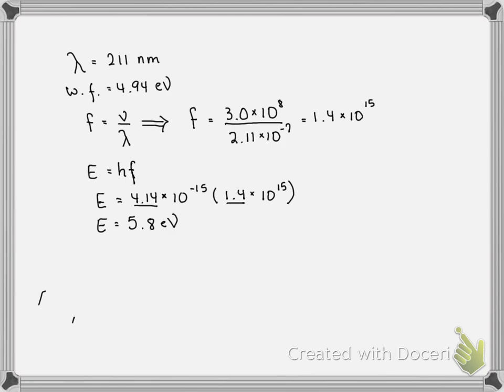So 5.8 minus 4.94 is going to be the maximum kinetic energy of the electrons that are emitted from the metal. So we'll line that up. 5.8 minus 4.94, and our significance is right here.